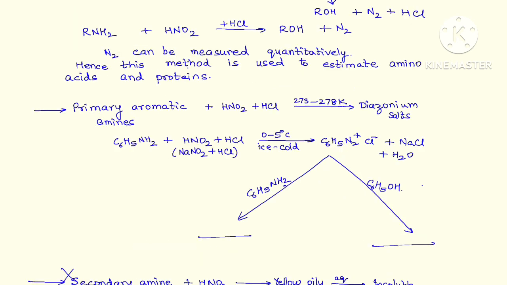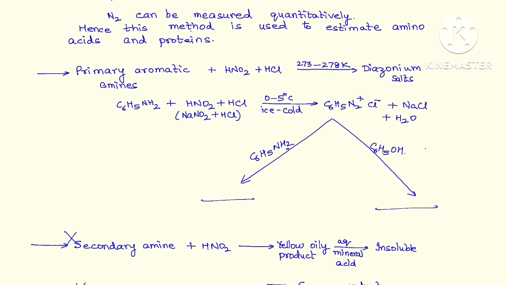Now, what is the reaction of aromatic amines? This reaction we have already covered in 2 to 3 places. We have covered it under the topic of phenols, and we have also covered it under the topic of diazonium salts. Yes, I am glad that you are able to recall what we are talking about over here. Primary aromatic amines react with the nitrous acid, again generated in situ by taking sodium nitrite and HCl, and the reaction conditions are ice cold.